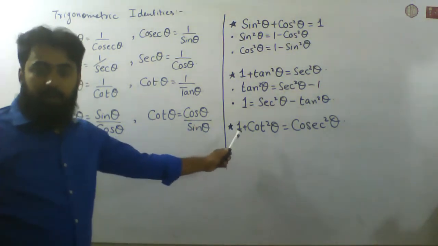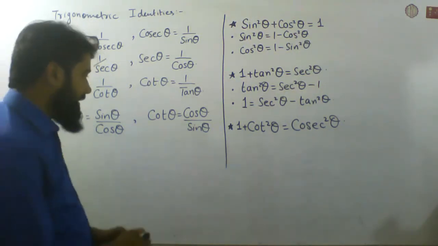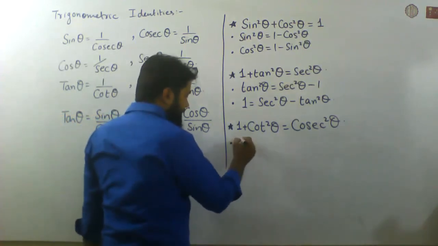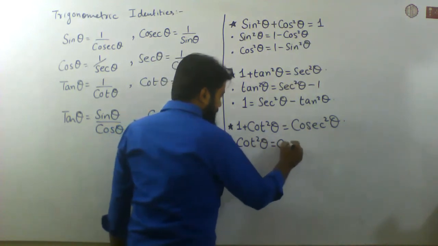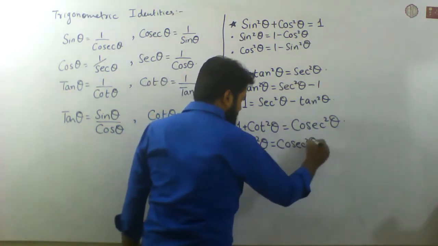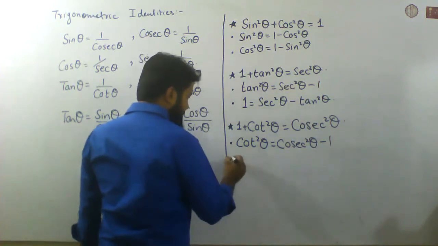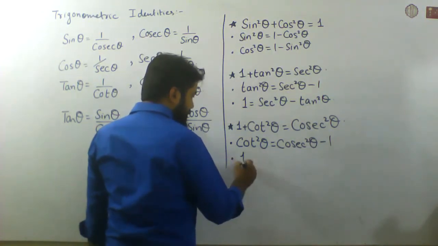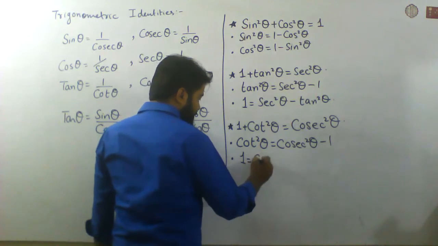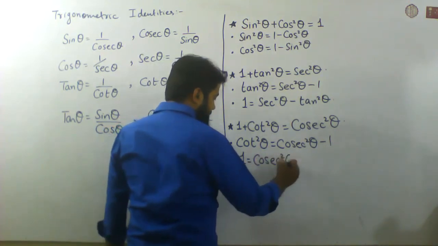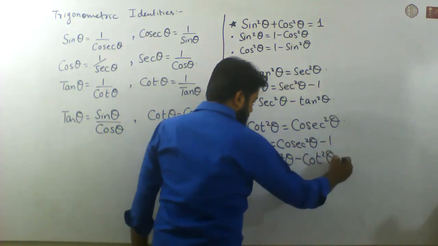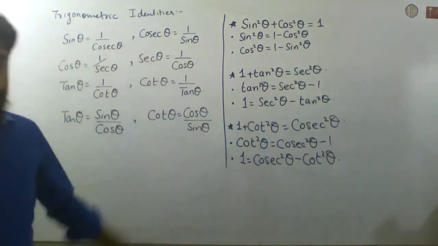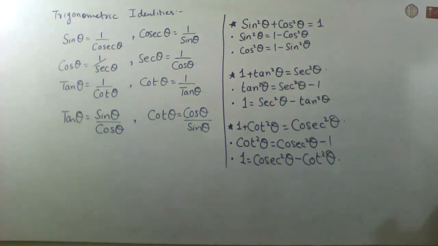That is my third squaring identity, and its variations can be cot square theta equals cosec square theta minus 1, and 1 equals cosec square theta minus cot square theta.